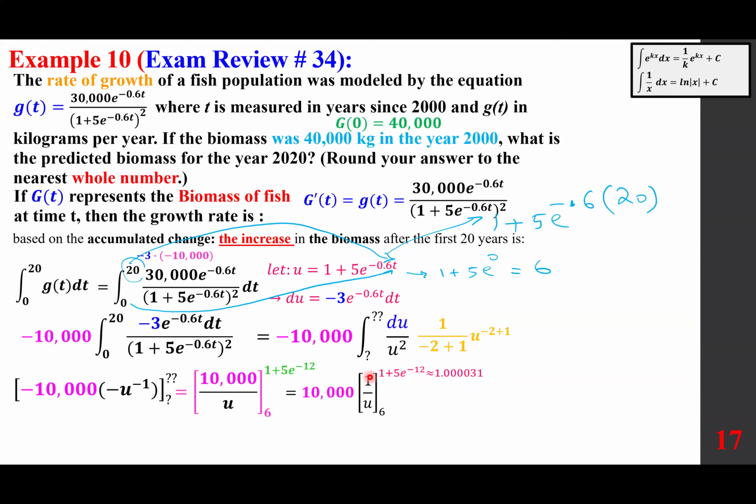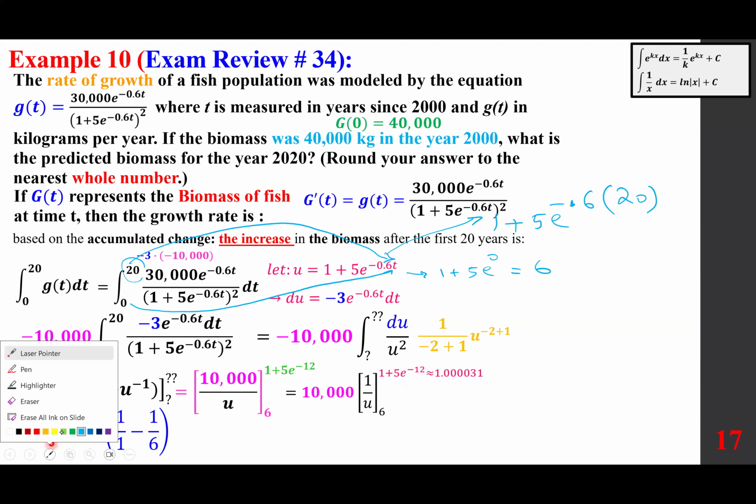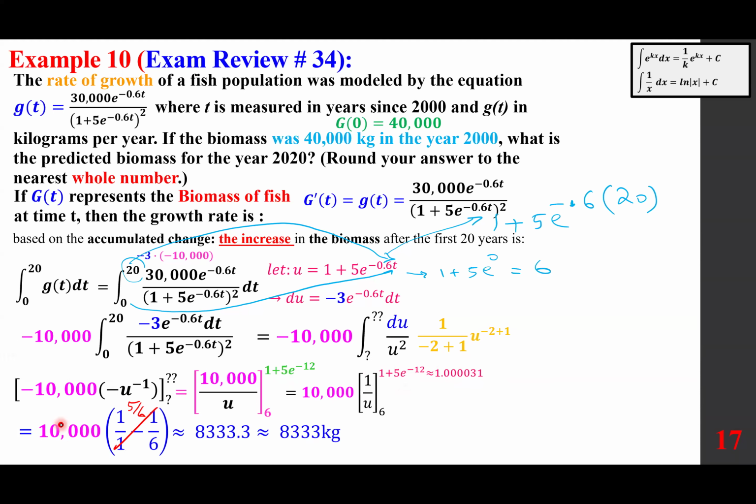So 10,000 times 1 over 1 minus 1 over 6, which is 5 over 6, times 10,000. With no decimals, whole numbers, it becomes 8333, because the 3 next to it remains unchanged.